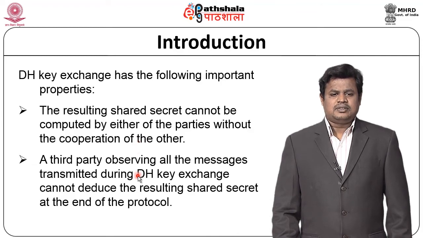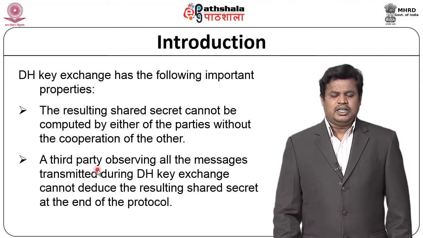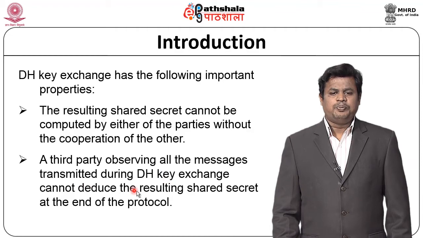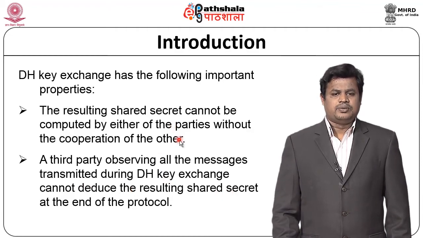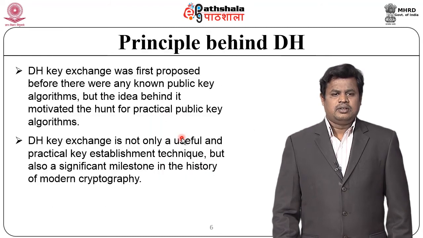The second point says that even if an unauthorized person, an attacker or a third party is continuously monitoring the information exchange between these two authenticated users, they cannot compute the secret information without the cooperation of the authenticated users. With this property we need to understand the principle behind DH.